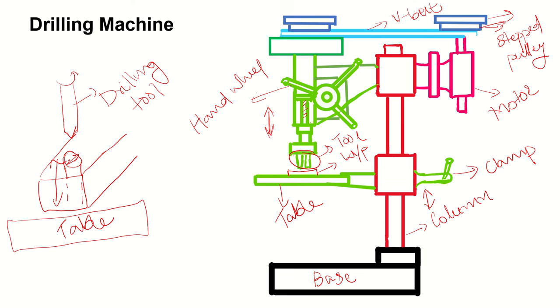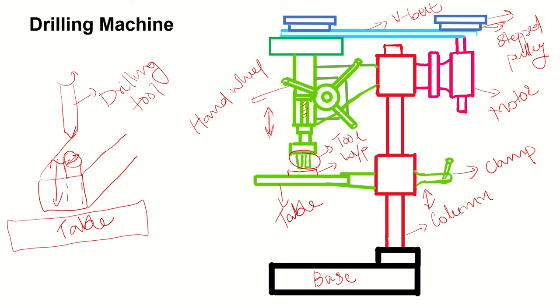You can see when the motor is started, it will transmit the motion to the pulleys, and through the belt the required drive is given to the tool, and the tool will rotate. But we need to give a specific feed so that the hole can be drilled on the workpiece.